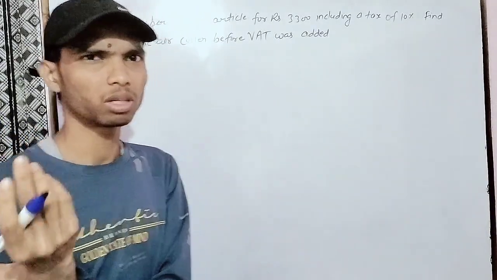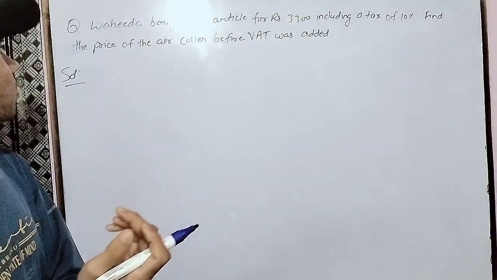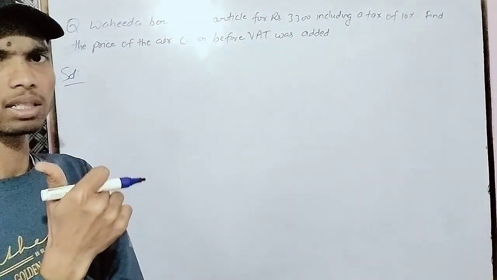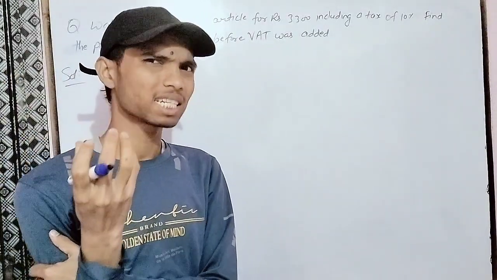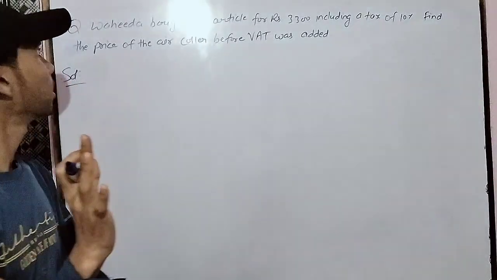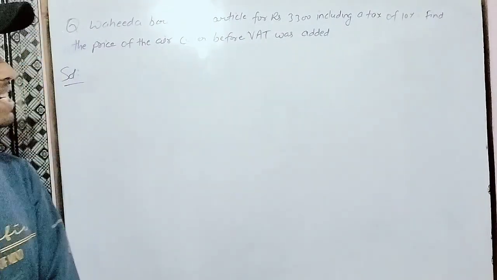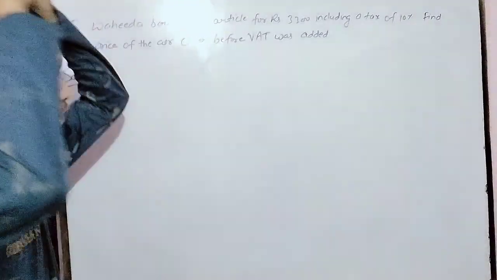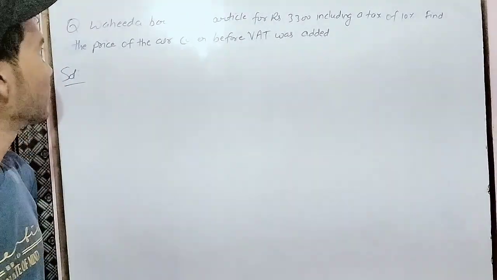Are you able to understand it? Let's solve it together. Vahida. Vahida is the name of a girl, but let's say this is the name of a boy. Vahida is the name of a person. Vahida bought an article for rupees 3,300, including a tax of 10%, and the price of an air cooler.